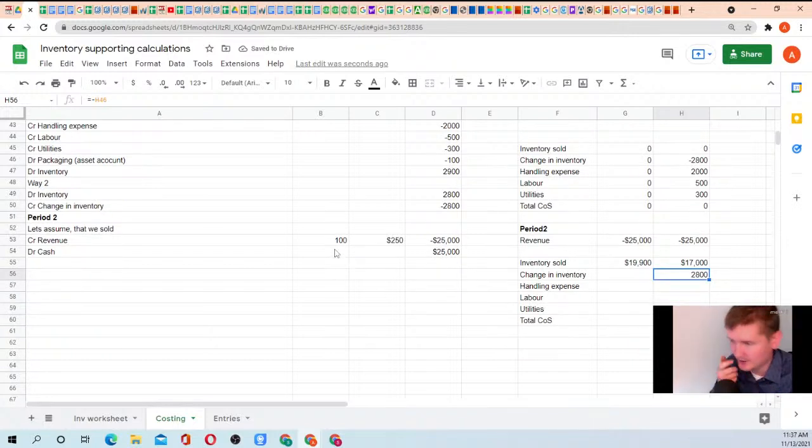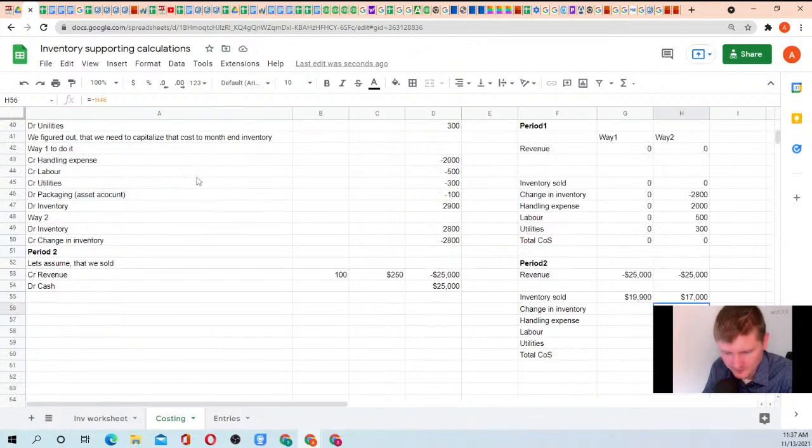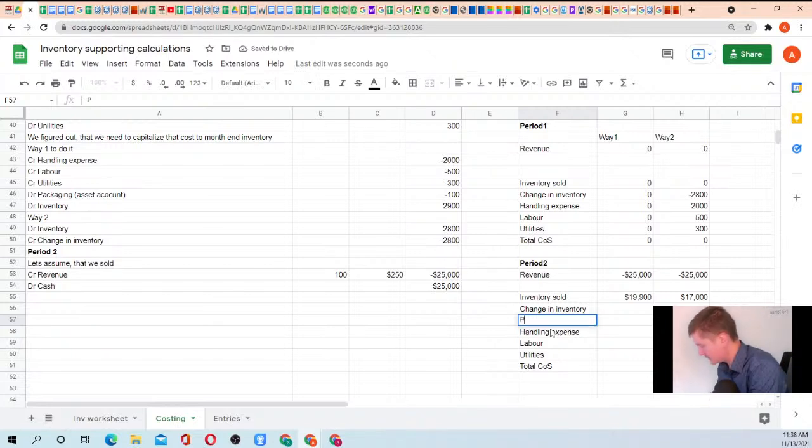Okay, and we also used packaging inventory. Let's just say packaging. And we use 100 of that.